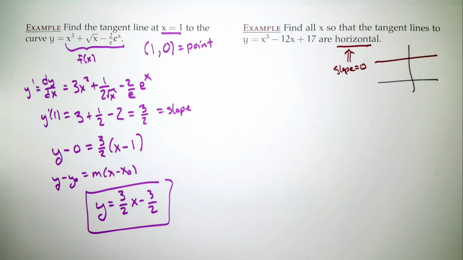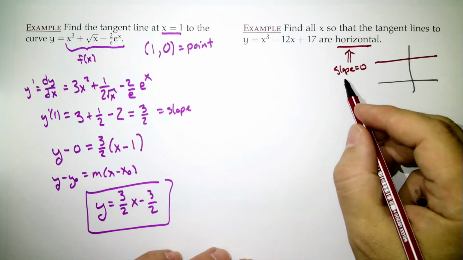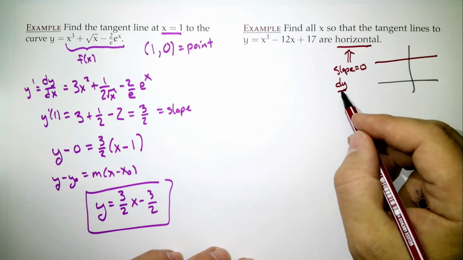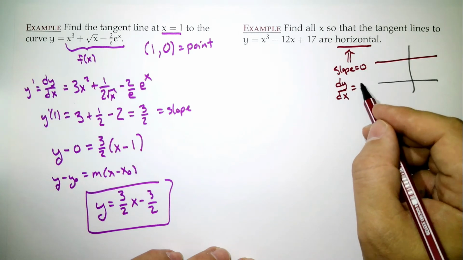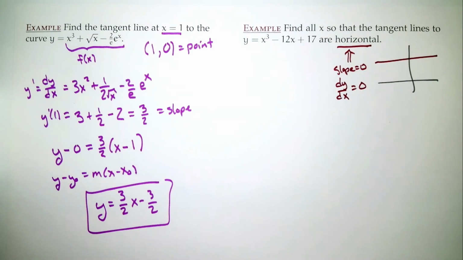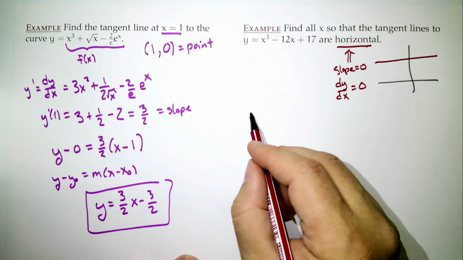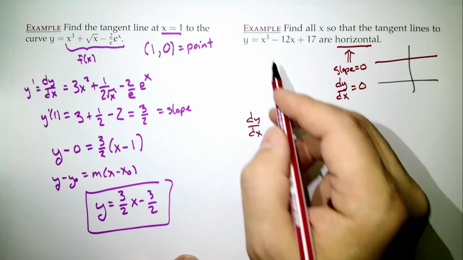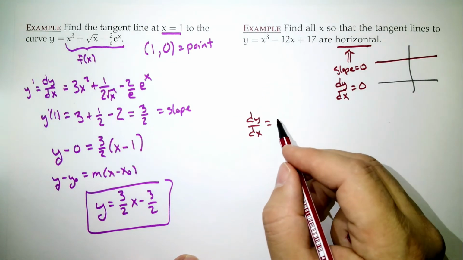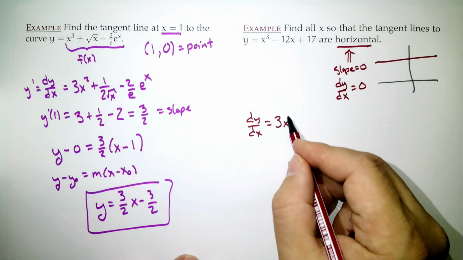Now when we say slope equals 0, that's even more secret code because slope is saying the derivative is equal to 0. So we're saying, aha, what the question is really asking is when is the derivative equal to 0? Now, if you phrase it this way, it seems a little bit more straightforward and not so bad. So let's figure out, what is dy dx? Well, what's the derivative of x cubed? 3x squared.